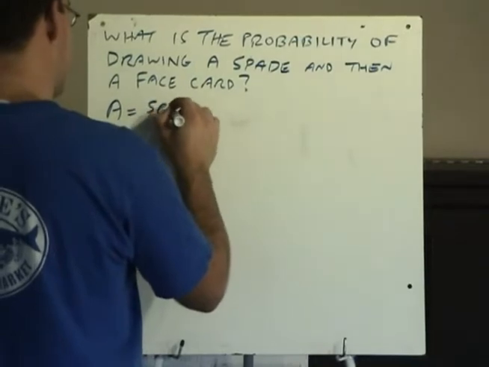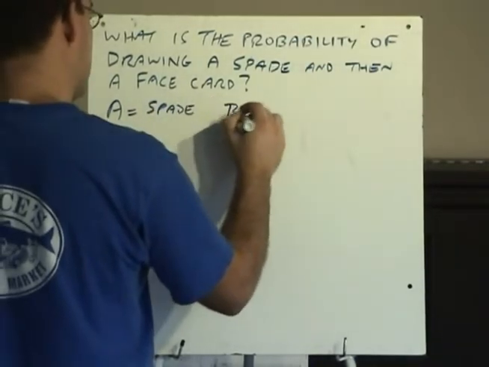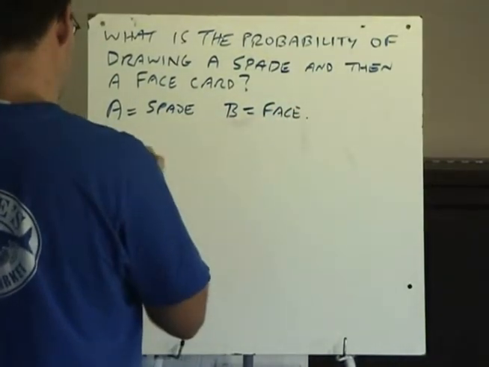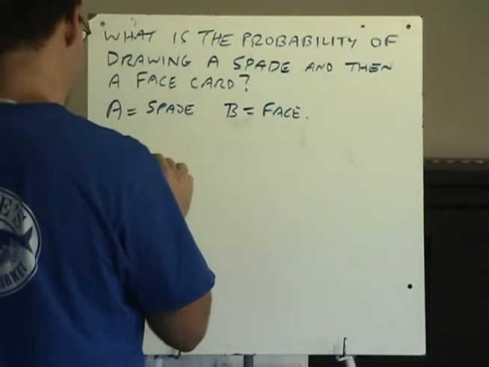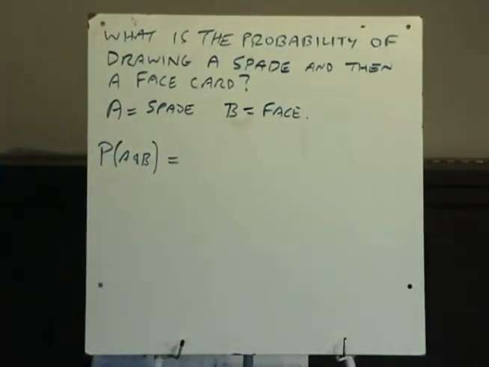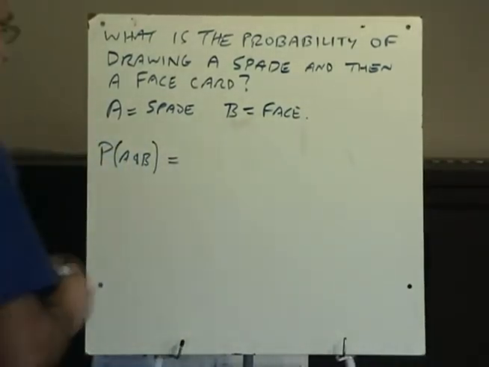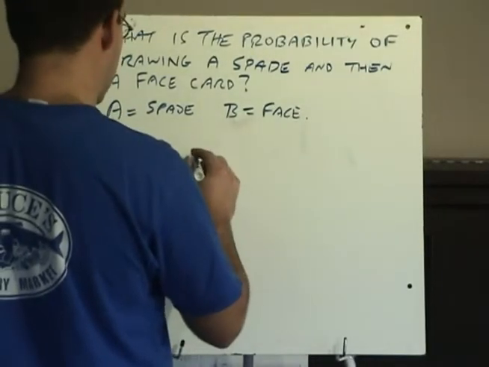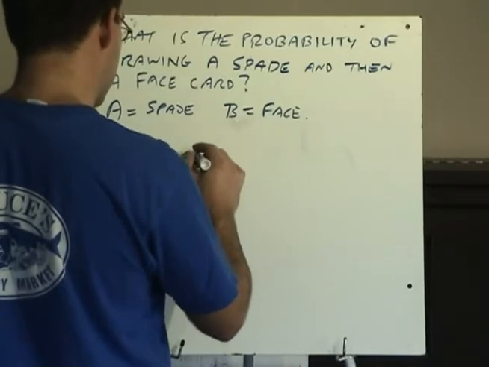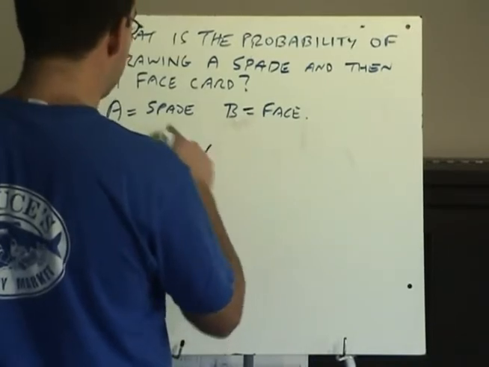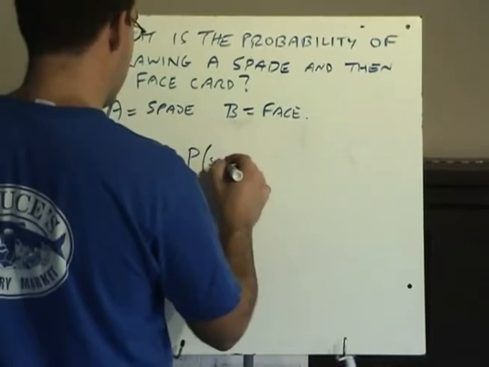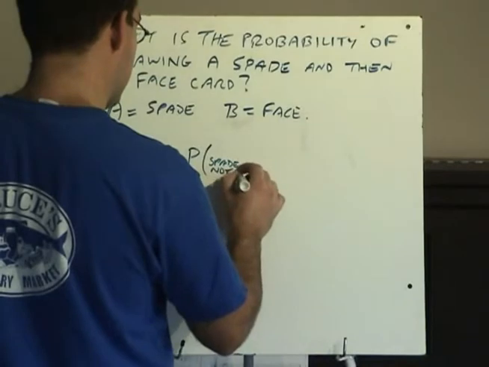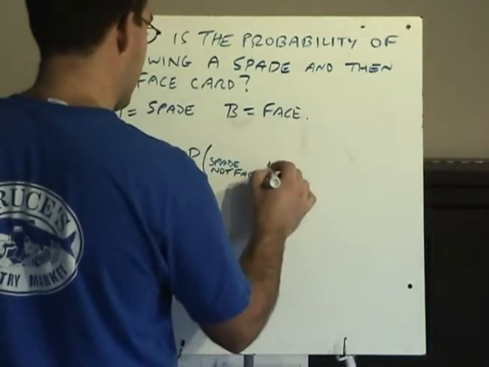Event A is a spade, event B is a face card. So the probability of A happening and then B, we need to split this into two separate events. The first event, let's say that the first card is a spade, but not a face, and then our face card.